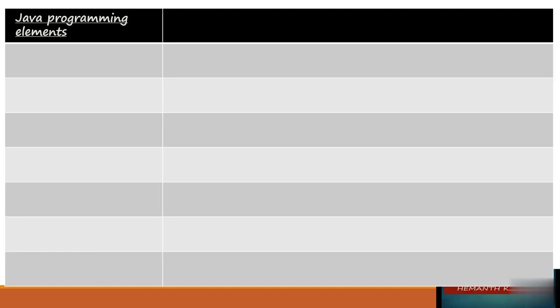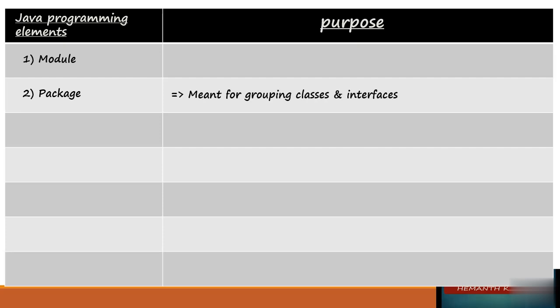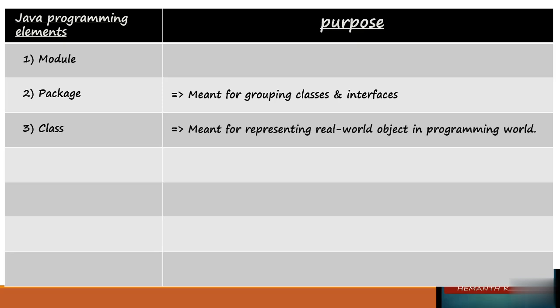We will discuss programming elements in one line each. So we have module. Module is nothing but a package, nothing more to discuss about it. And package is meant for grouping classes and interfaces. Multiple classes and interfaces grouped into one unit is called a package. And we have class. Class is meant for representing a real world object in the programming world.